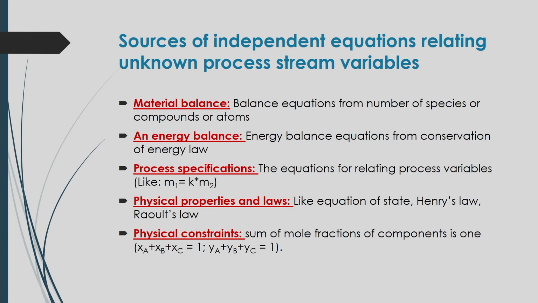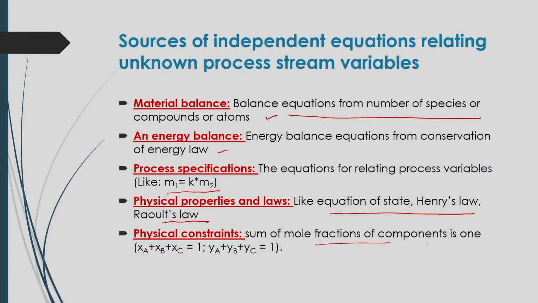So, here some clues are given. Material balance equations for the number of species or compounds, energy balance, and then process specifications, like equations relating process variables such as M1 equals K times M2, and then physical properties and laws like equation of state, Henry's law, Raoult's law, which we will be discussing in future lectures also.